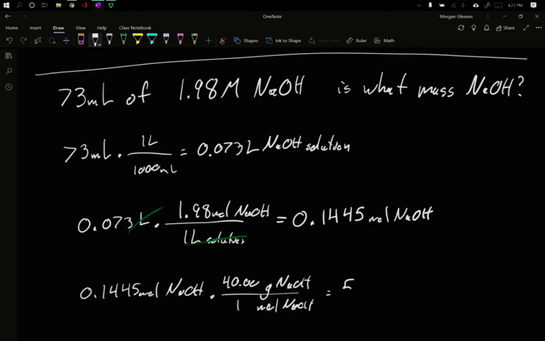So this will be 5.78 grams of NaOH, which realistically, since we had 2 sig figs early on, we keep 2 sig figs at the end. This will be 5.8 grams of NaOH. In that 73 milliliters, there was 5.8 grams of sodium hydroxide dissolved.